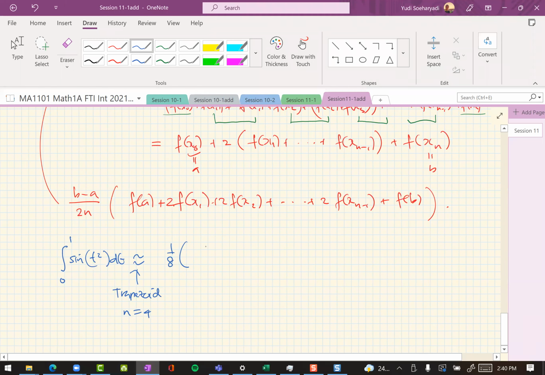We have this sine, that's 0, that's 0. Then 2 sine of 1/16, 2 sine of 4/16, 2 sine of 9/16, and then the last one is this one, sine. Okay, so that's the trapezoidal rule.